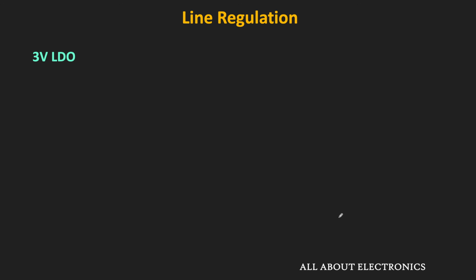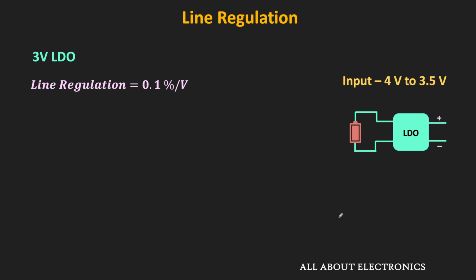So let's say we have a 3 volt LDO and its line regulation is equal to 0.1% per volt. And let's say the input to this LDO is varying from 4 volt to 3.5 volt. Let's say the input to the LDO is applied via the battery, where the battery voltage is changing from 4 volt to 3.5 volt.